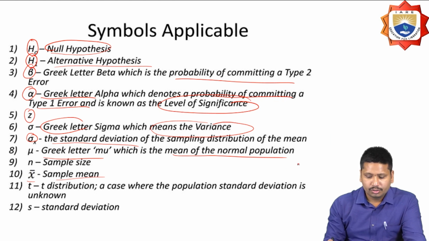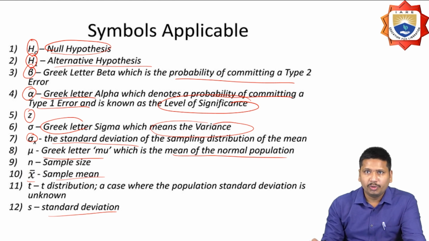The t distribution is used in the case where the population standard deviation is unknown, and s is the standard deviation. These are the symbols used for implementing hypothesis testing.